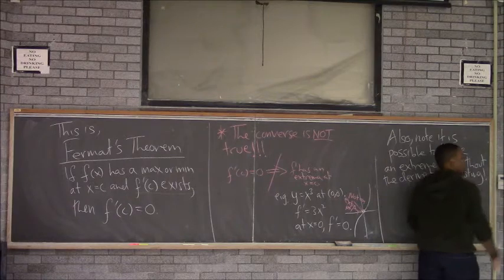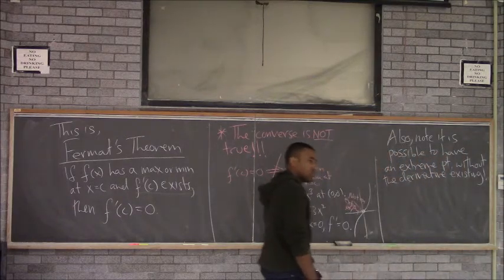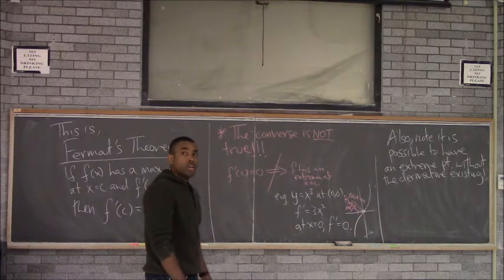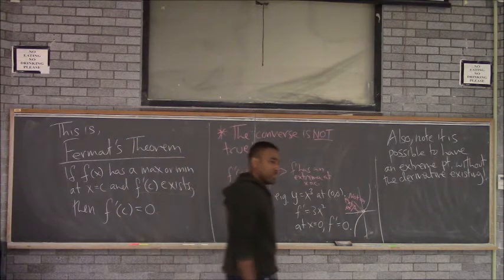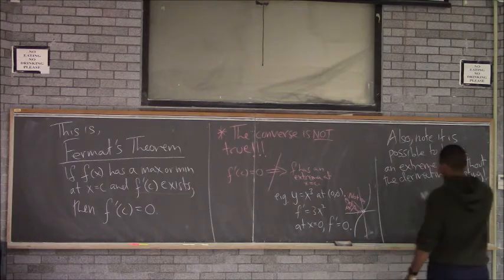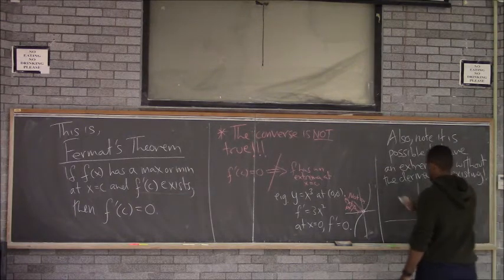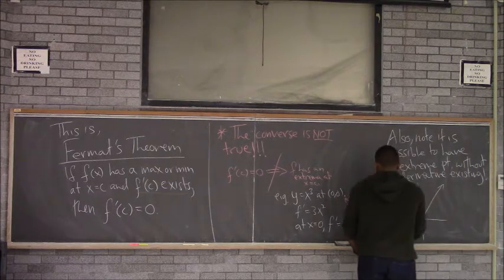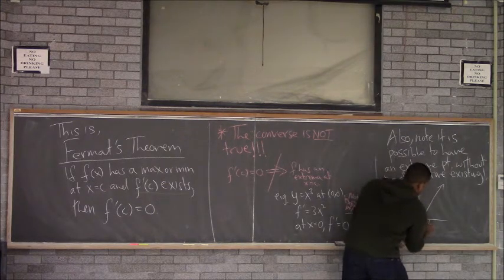Can anyone think of an example? Yeah? Absolute value. We've talked about that guy several times. Look at the absolute value function. At the origin, that is an absolute minimum.